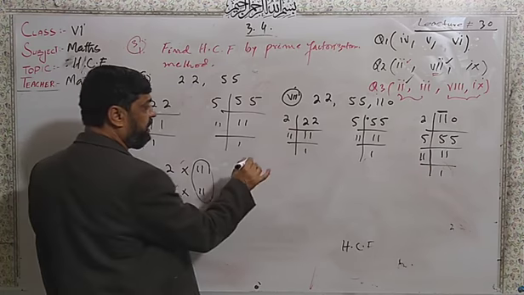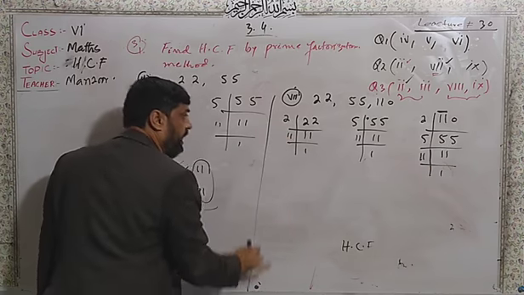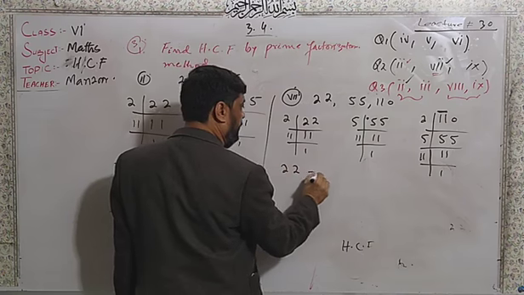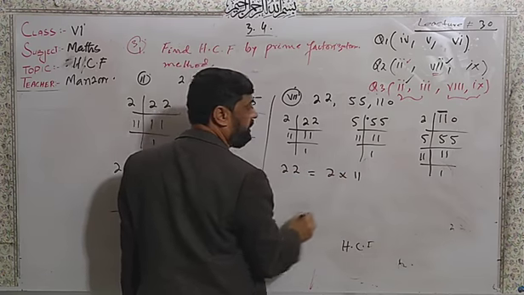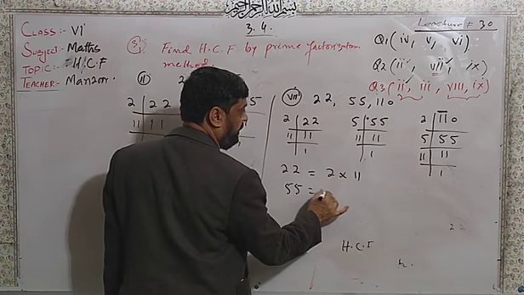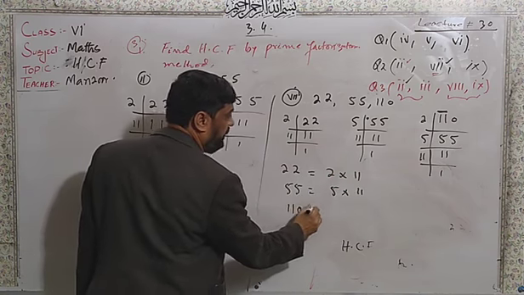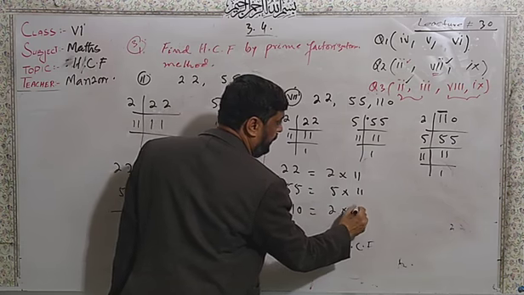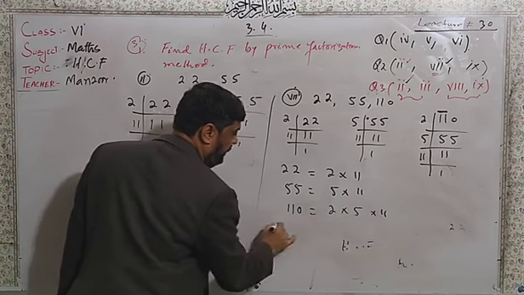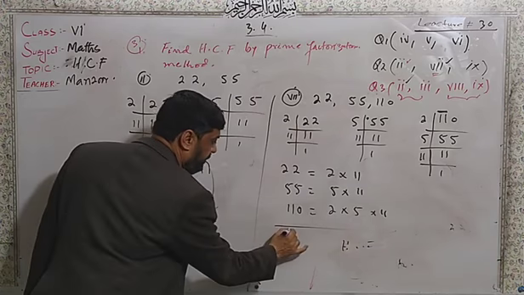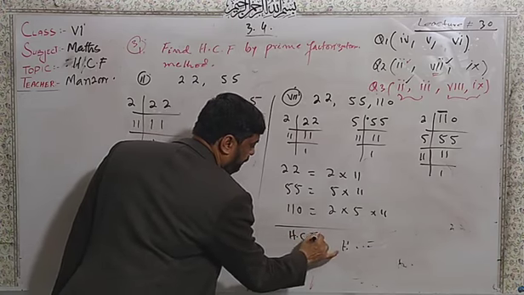Next, after factorization, here I will find 22, its factors 2, 11, then 55 its factors 5 into 11, and then 110 its factors 2, 5, then 11. Now here I write directly the highest common factor.